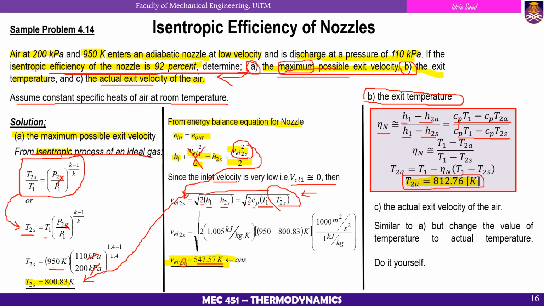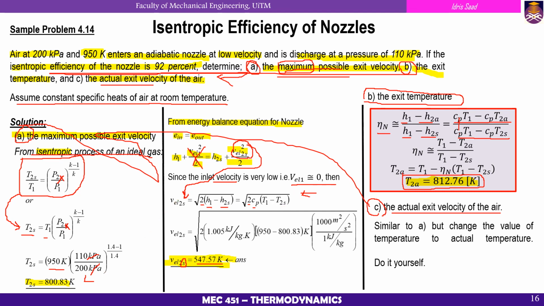Next is the actual exit velocity. As I said earlier, this is similar to part A, so you can use the same equation, except replace the value of T2S with T2A.